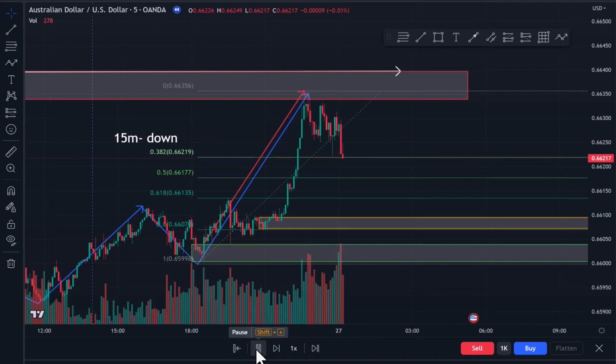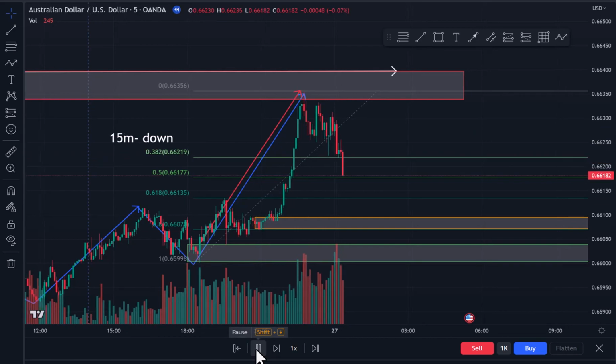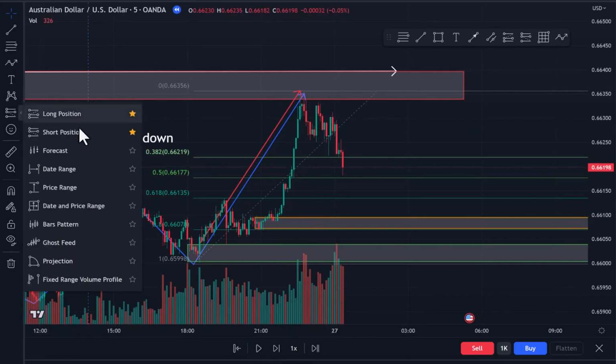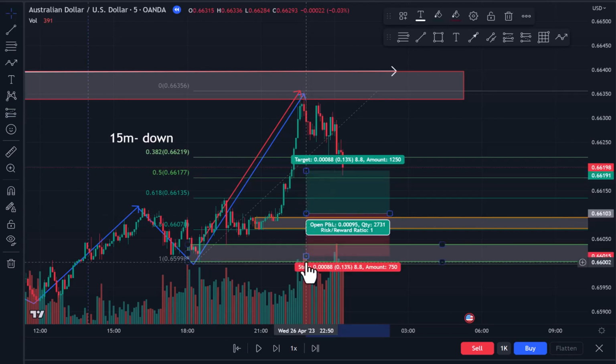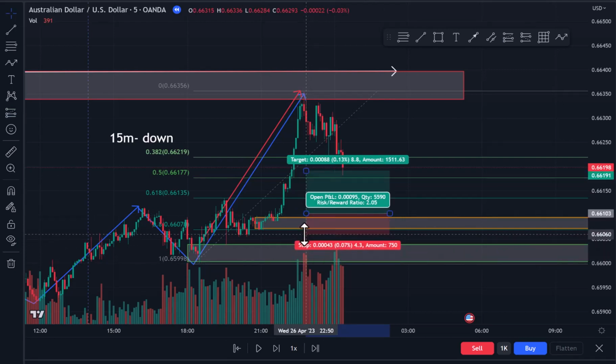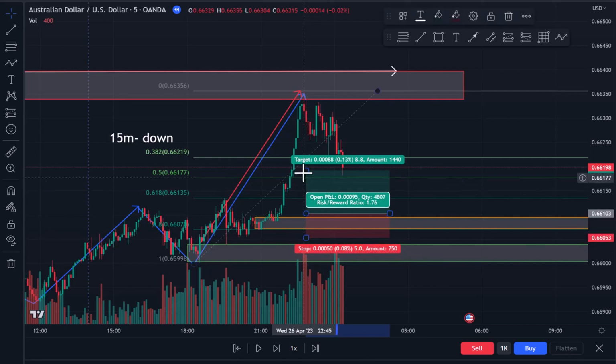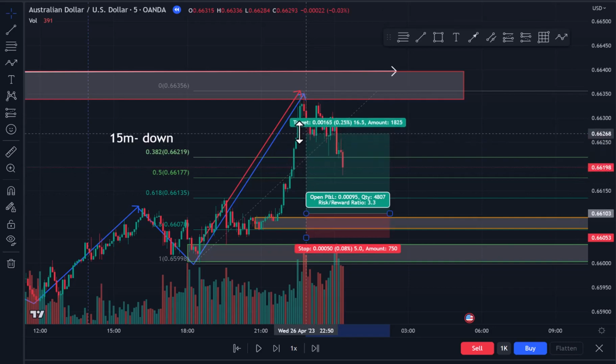The 5-minute. So from this structure alone, we could place an order here near the 15-minute POI zone. And we'll use a healthy 5-pip stop loss.